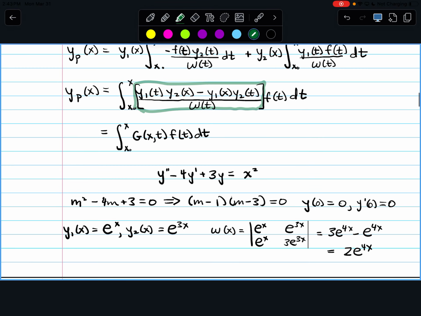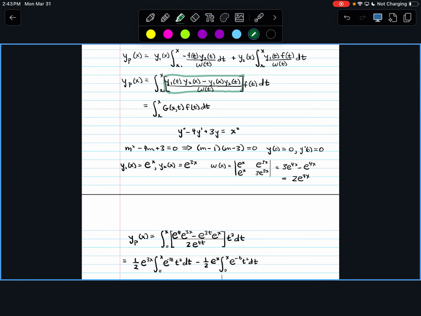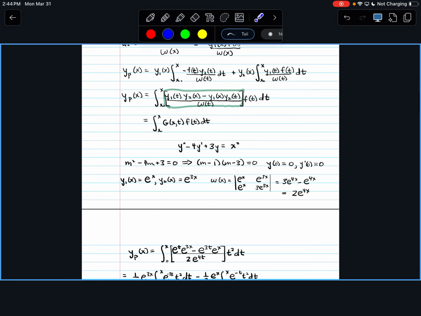So I'm going to put that in, and notice what I have. I have y1 of t, y2 of x, minus y2 of t, y1 of x, all over this 2e to the 4t.